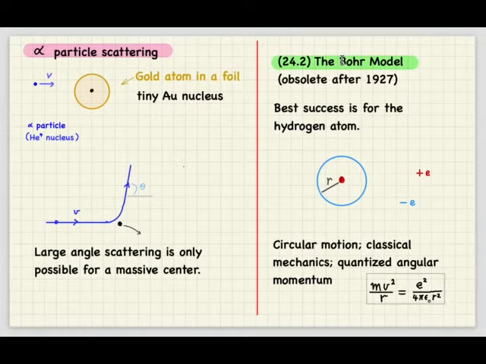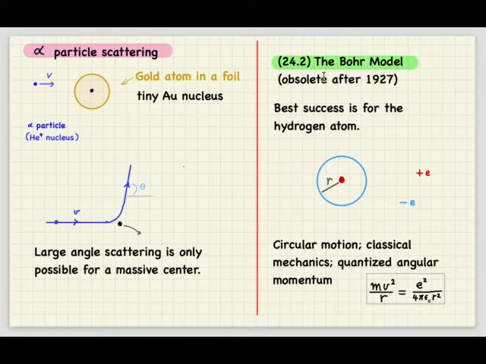And that is not part of classical mechanics. So Bohr had classical mechanics to describe the motion of an electron in a circular orbit, but he had to go beyond that to include the fact that atomic energies are quantized.